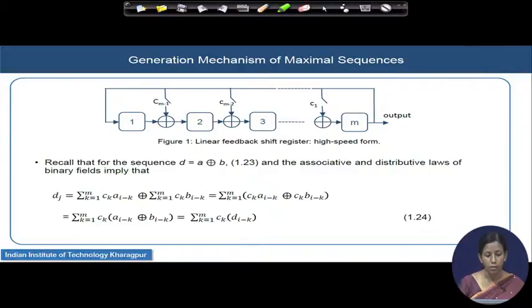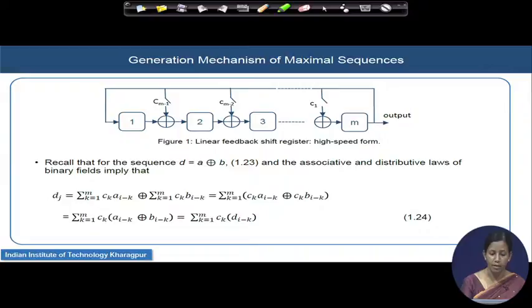Please note that in the generalized architecture, the notation of the switches was C1 on the leftmost side and Cm minus 1 on the rightmost side. Once we have shifted towards the high speed form, the nomenclature for those switches should be changed, which was not done in the last module. Please correct it.